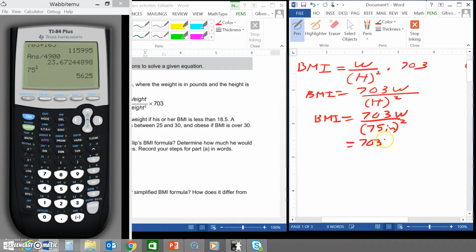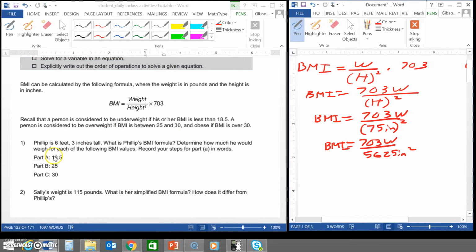So we have 703 times the weight, all over 5,625 square inches. Now the only two things that we don't have here are the BMI and the weight. Now they give us the BMI here, which is 18.5. So we'll substitute in 18.5 for the BMI. We have 703 times the weight over 5,625.